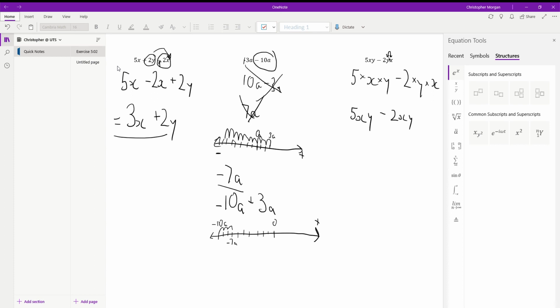Okay, now they're looking much the same, aren't they? So we've got 5xy minus 2xy, and that is simply, oh, I've forgotten a lot of equal signs, is equal to 3xy.